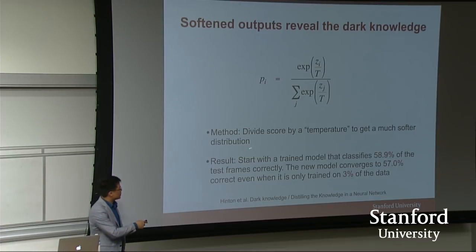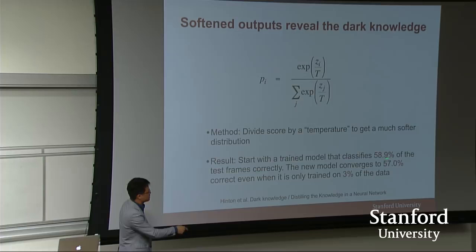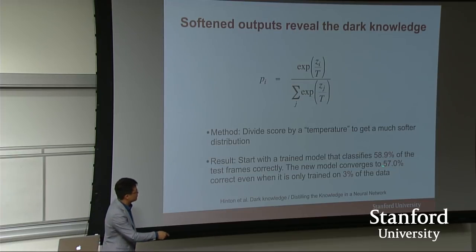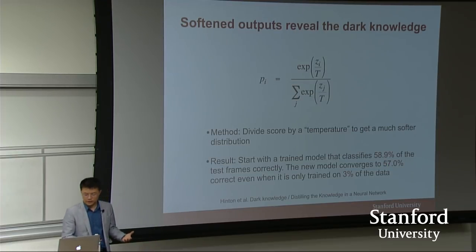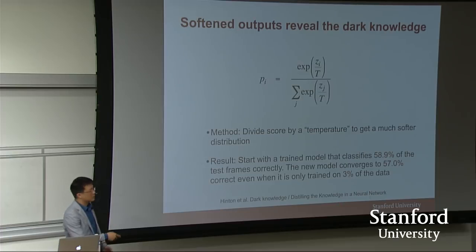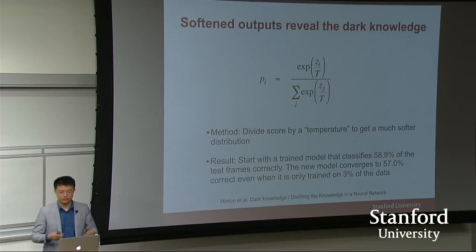And the result is that starting with a trained model that classifies 58.9% of the test frames correctly, the new model converges to 57%, only trained on 3% of the data. So that's the magic of model distillation using this kind of soft label.